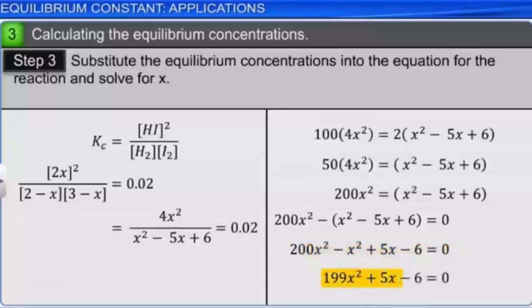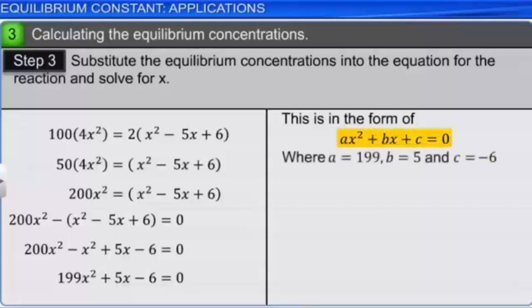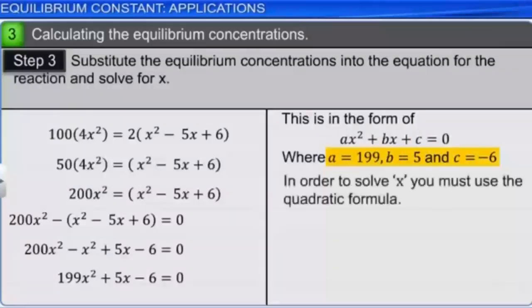This is in the form of a quadratic equation, ax square plus bx plus c is equal to 0. In this equation, a is equal to 199, b is equal to 5, and c is equal to minus 6. In order to solve for x, you must use the formula x is equal to minus b plus or minus square root of b square minus 4ac divided by 2a.